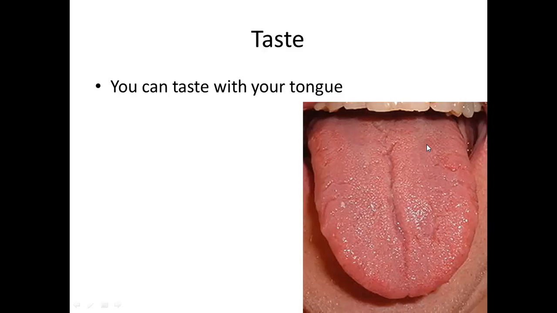We can taste with our tongue because there are different flavors on our tongues. When the food goes in our mouth, we taste it and say whether it is sweet, salty, bitter, or spicy.